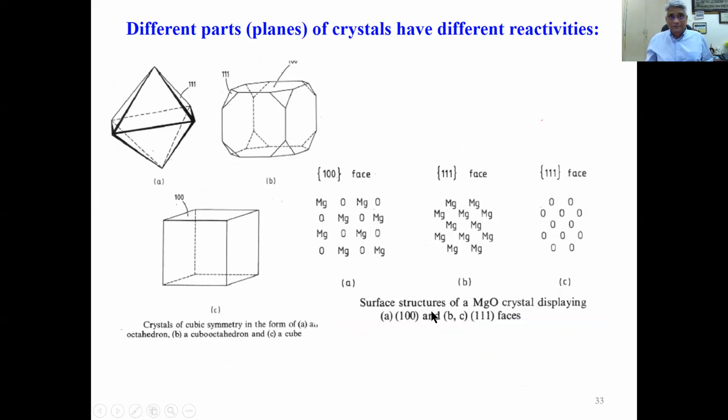Yeah, you see the surface structures of magnesium oxide crystals displaying various facets. This family, the 100 family, has that arrangement, and the 111 family will have the arrangement like that, the 111 face of oxygens arranged like that.